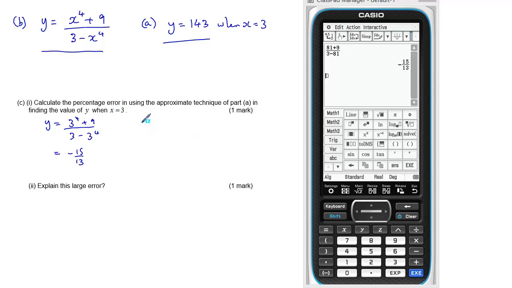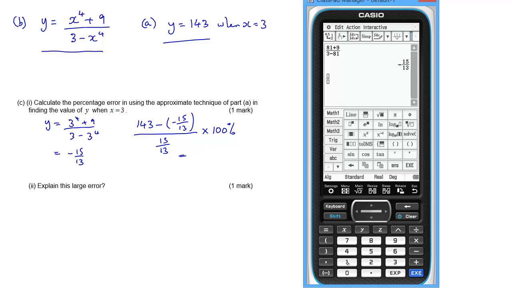So the percentage error we could work out as 143 take away negative 15 over 13. Now we don't need to worry about the sign there, we're just after the error. So we can make sure this is all positive and multiply that by 100%. Let's see what we get.